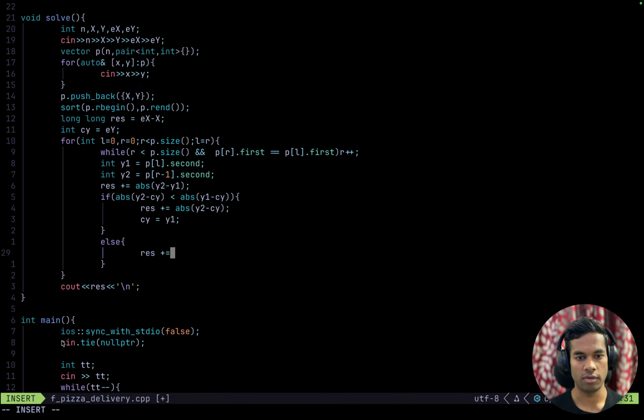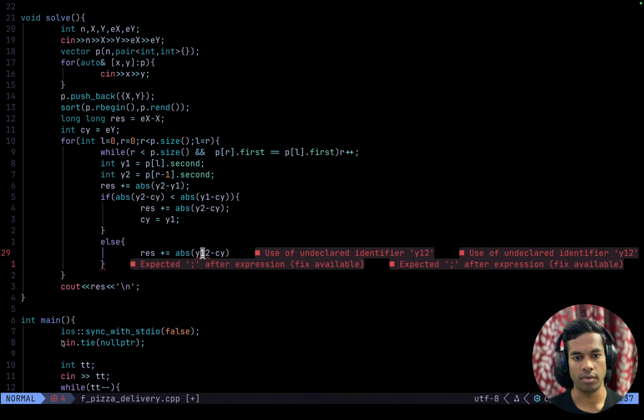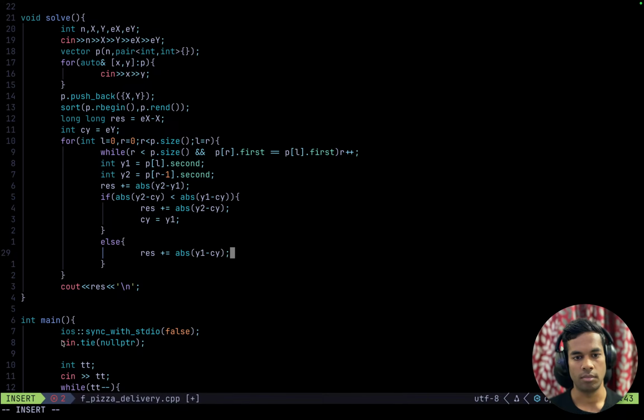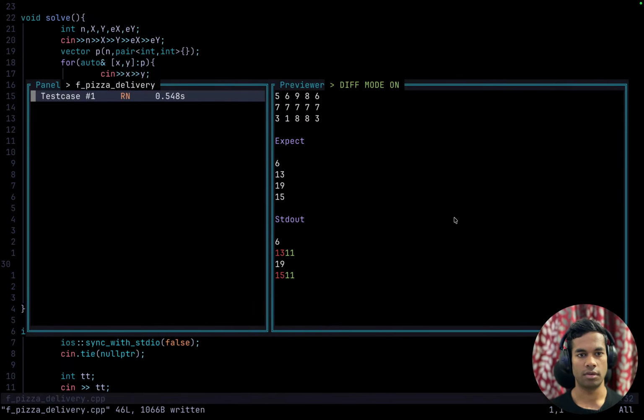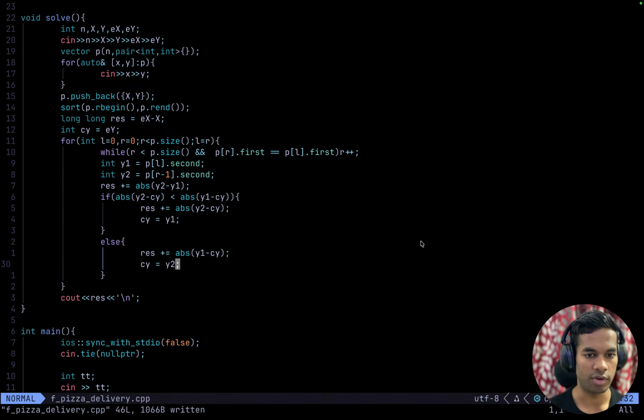Plus equals absolute y2 minus cy, y1 minus cy, and current y would become y2. Okay, we are not getting correct answer again for them now.